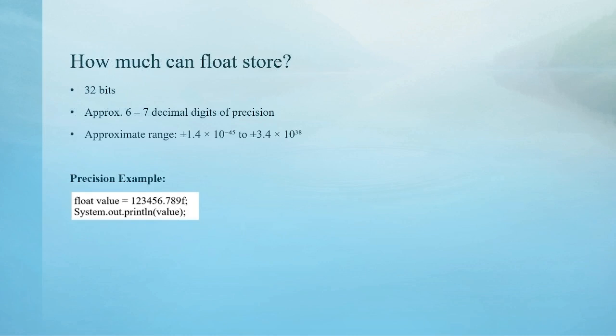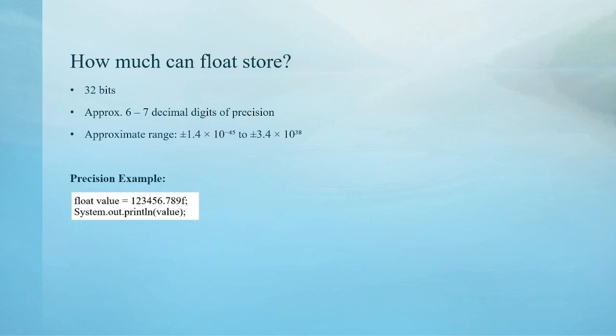How much can a float store? A float uses 32 bits. Unlike integer types, we cannot calculate its range using a simple integer formula like minus 2 raised to n minus 1 to 2 raised to n minus 1, minus 1. That's because float uses a special floating point representation.